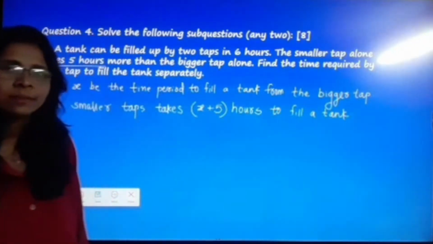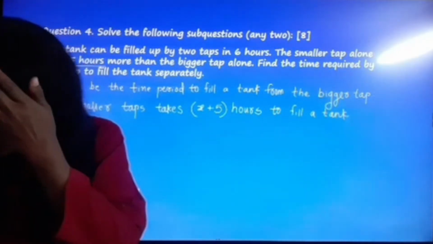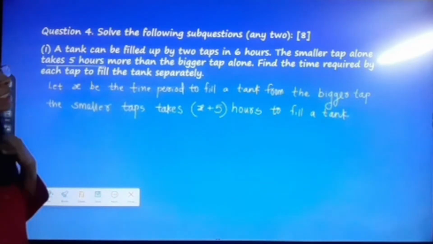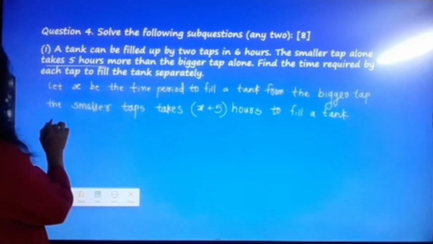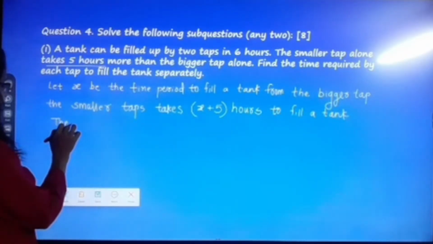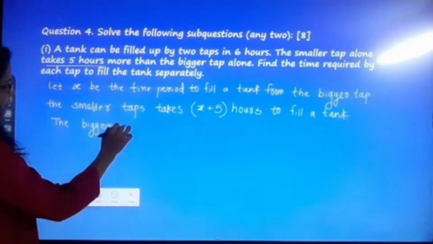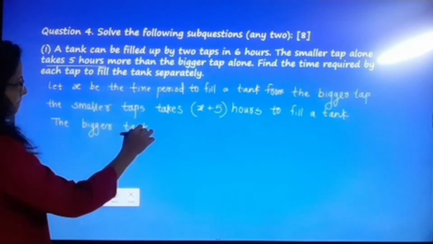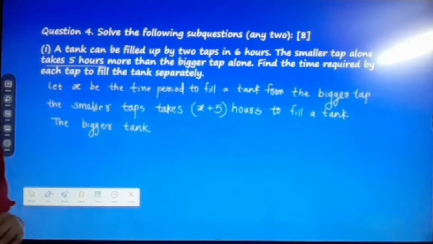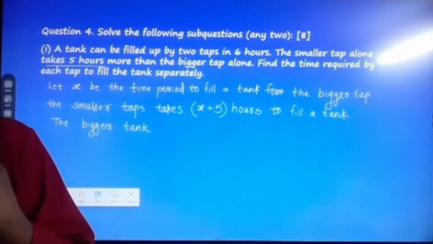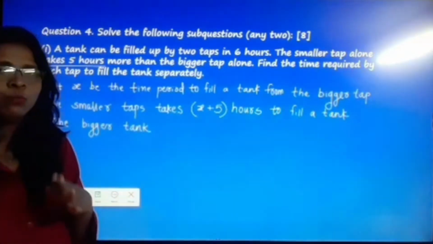Now we write down the time filled in 1 hour.